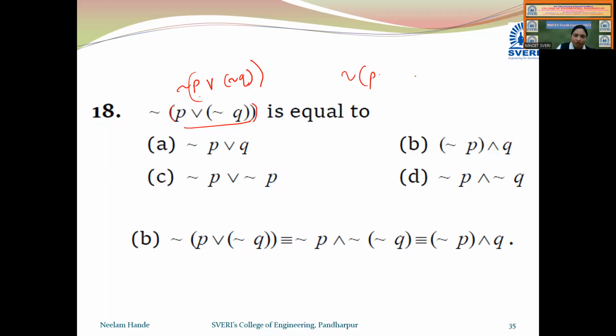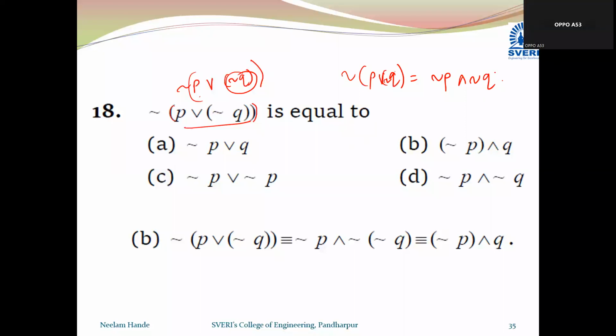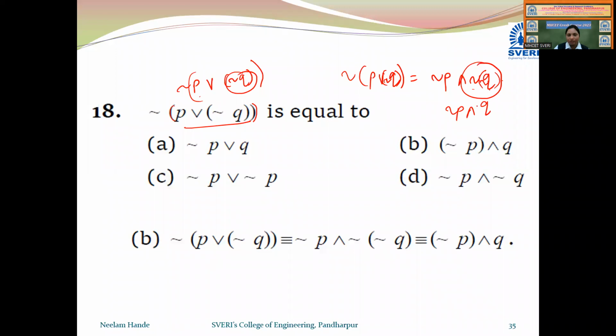Negation of P or Q is negation P and negation Q. But if I replace Q by negation Q, negation of negation becomes Q. So negation P and Q. Is it your answer? Option B. Very good. By De Morgan's law, as the second term gets two negations, and negation of negation is the statement again, so it is negation P and Q.